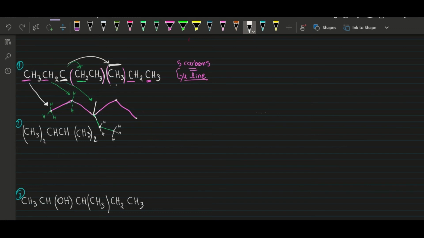We're more flexible when it comes to alkanes, so don't worry too much about how you draw it. Okay, so the next one, this point right here, it's gonna have 2 hydrogens, and then the very last, like we said, will always have 3 hydrogens because it only has 1 bond instead of 2 in the middle here.